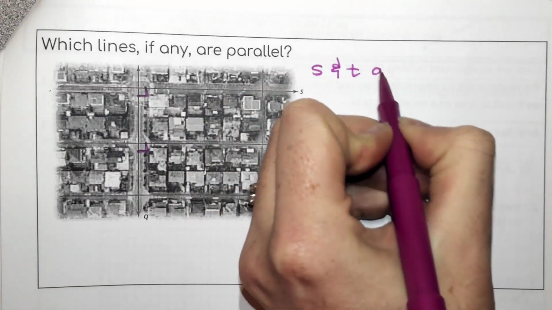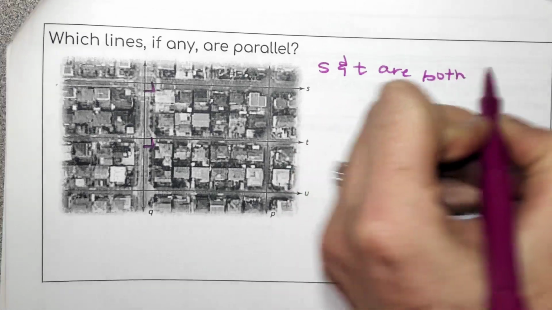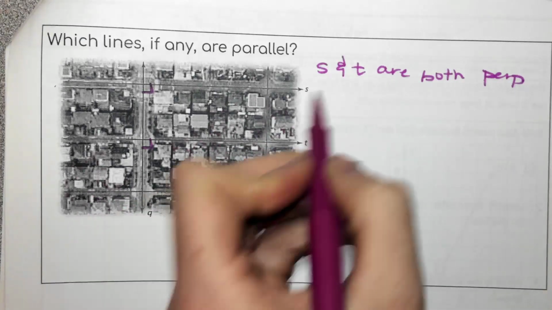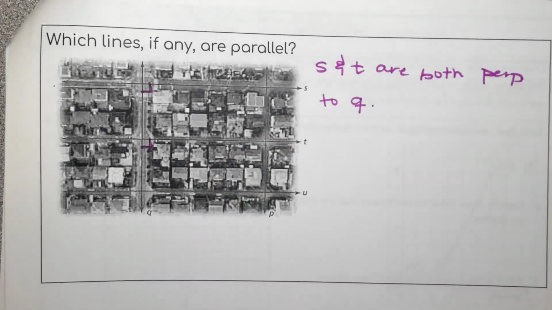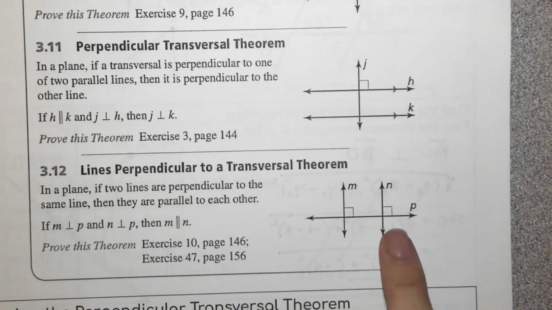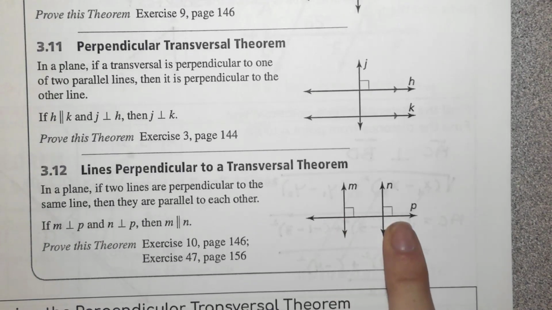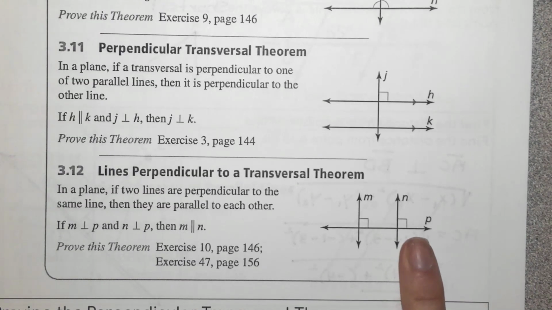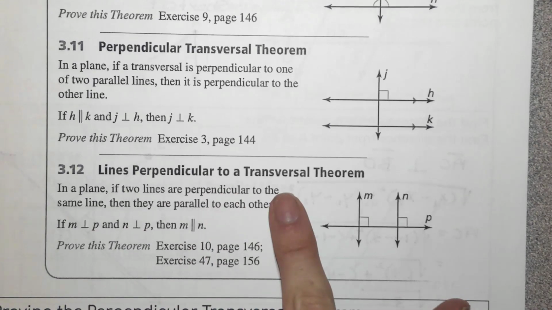We use the lines perpendicular to a transversal theorem, which says that if two lines are both perpendicular to the same line, then they're parallel. So we're going to say by the lines perpendicular to a transversal theorem.